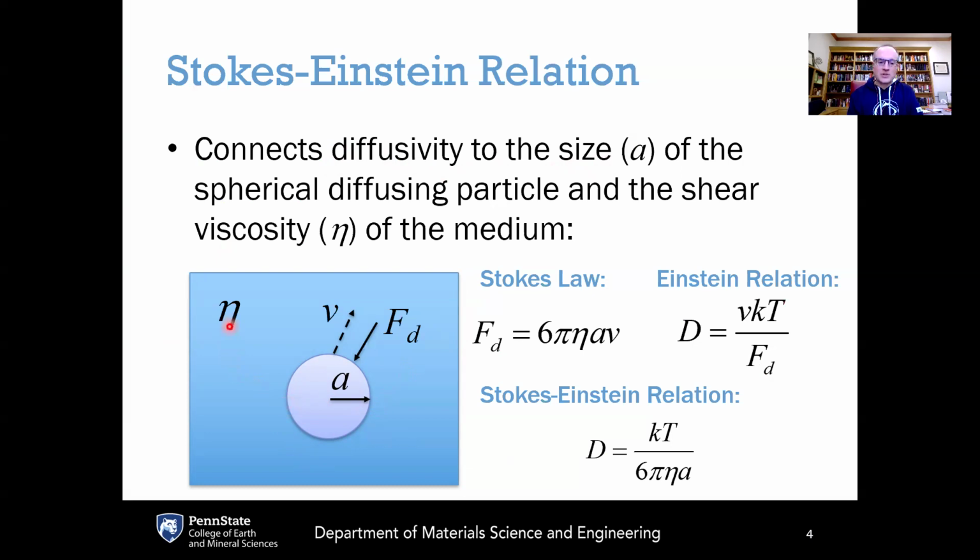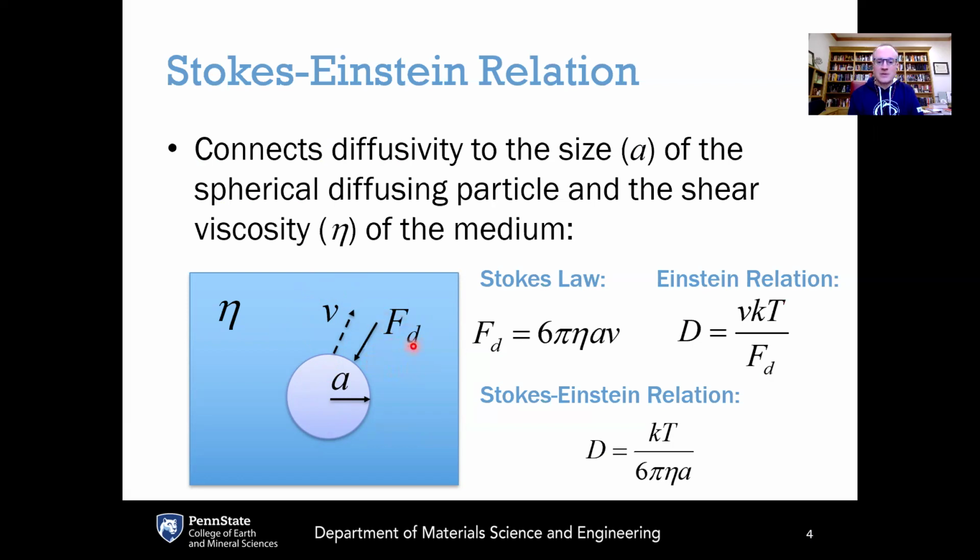So the physical picture is that we're treating this particle, whether it's an atom or a molecule, as a sphere with an effective radius of a, and it is traveling in some medium, and that medium has a shear viscosity of eta. Now, this particle with radius a is traveling at a velocity of v, and then there is a drag force that is acting on the particle to slow down its velocity.